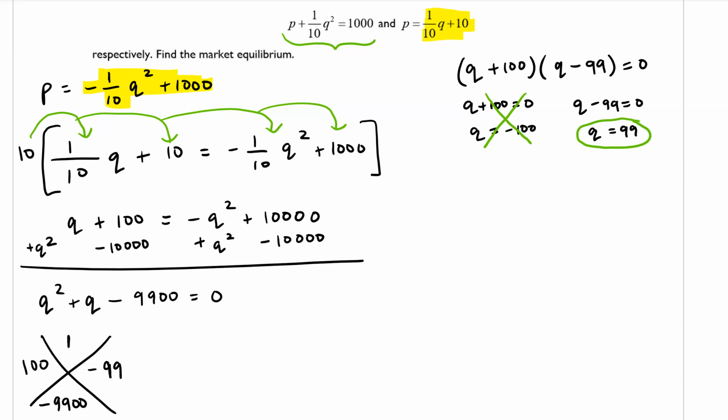Now we want to find the price that will give us market equilibrium. So I'm going to plug in Q equals 99. You can plug it into either equation, but I'm going to plug it into the linear one because the quadratic one I think will get a little bit uglier.